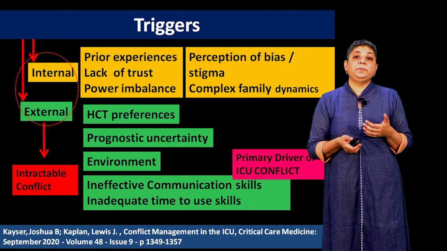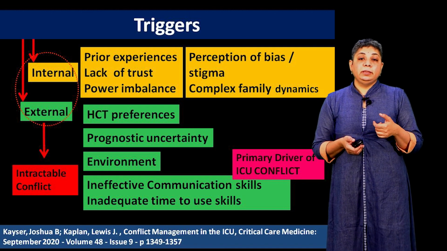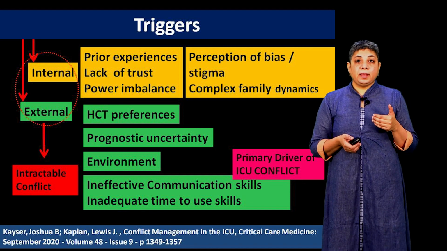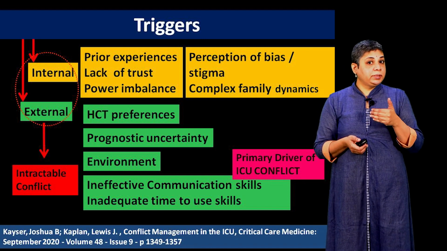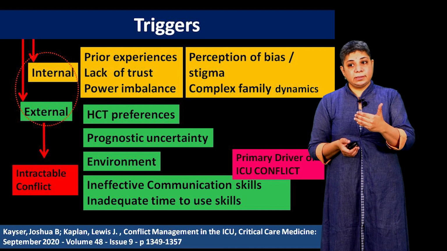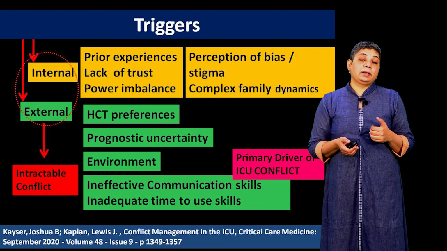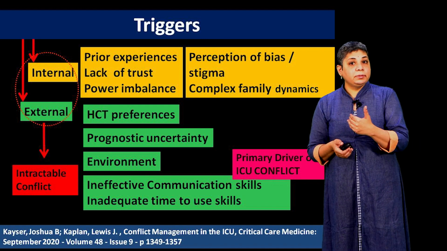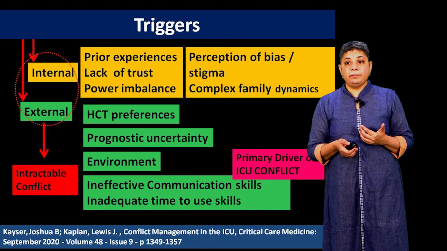When there is a perception of bias or stigma, when the family feels that I am being discriminated against, these people are biased towards me or my patient for some reason, or when there are complex family dynamics, one person wants it one way, the other person wants it the other way in the same family.